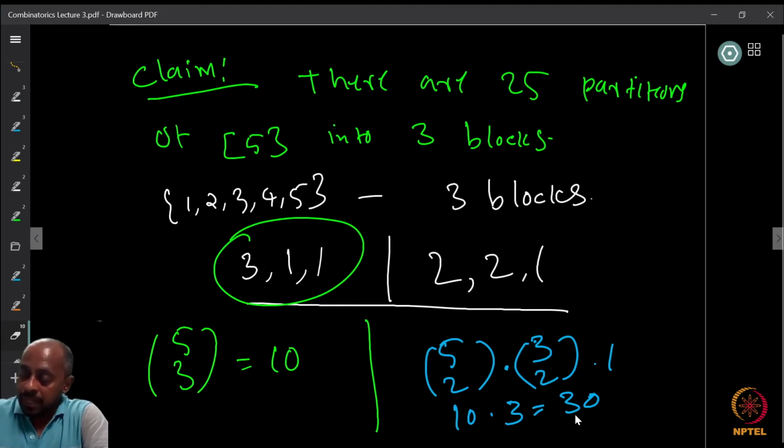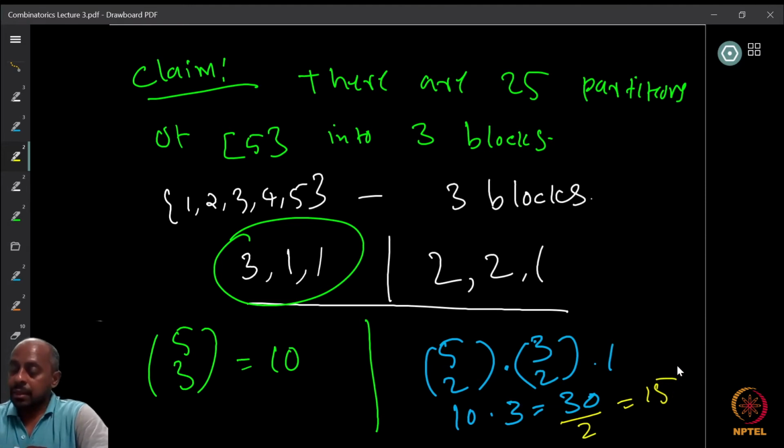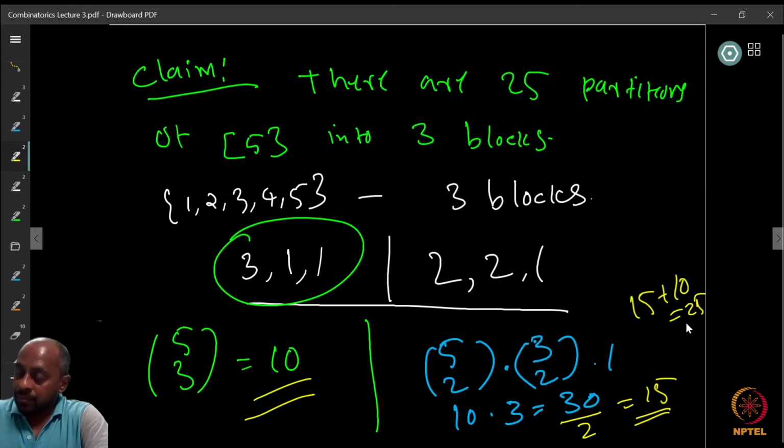So we will get 10 into 3 divided by 2, which is equal to 15. So I have 15 possible ways only, not 30 possible ways. And therefore the total number of such partitions into blocks is 15 plus 10, which is equal to 25.